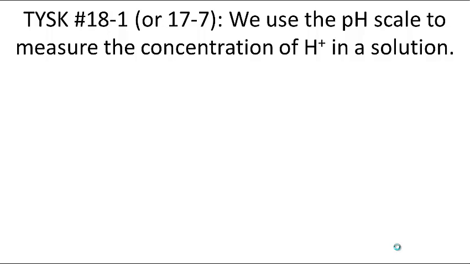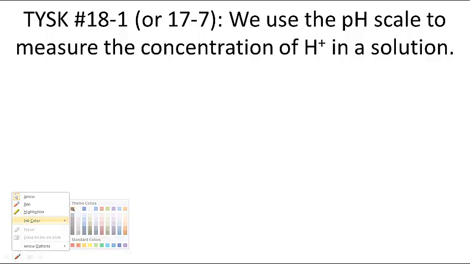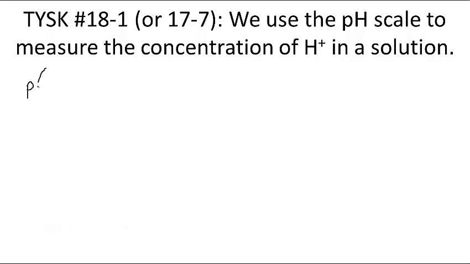When most people think of acids and bases, the term pH pops into their mind. The pH scale is essentially the way we measure the concentration of H plus in a solution. I introduced in the last lecture that we use this little symbol P. P of anything means negative log of that thing.